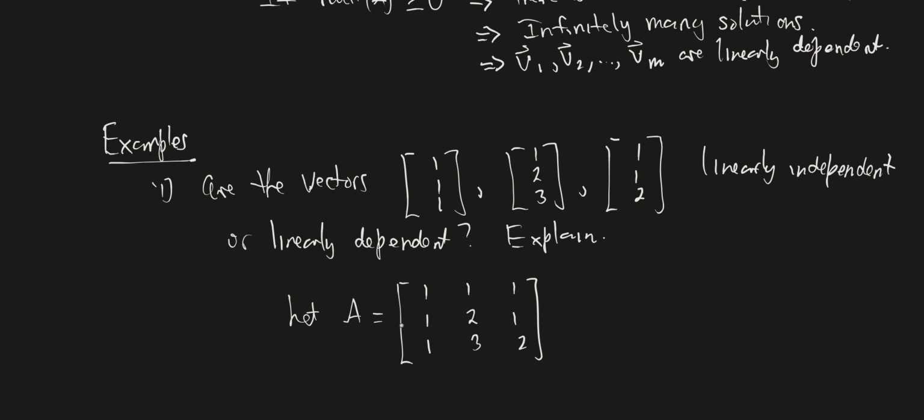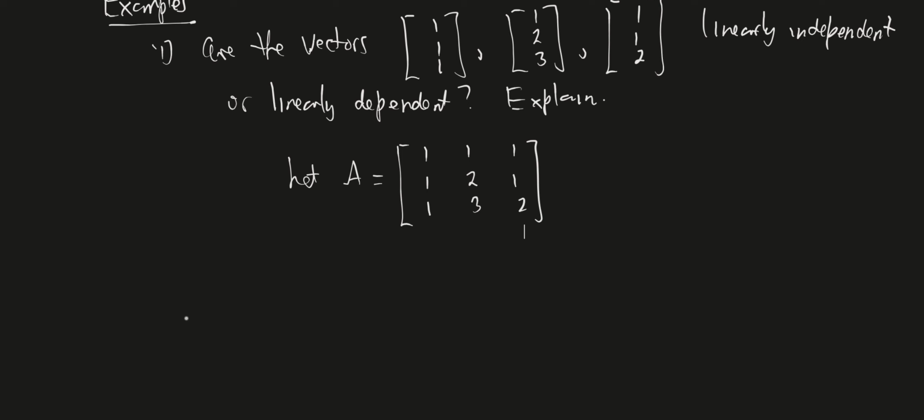This is the idea of forming our matrix using the columns that are the vectors that are given. And since we have a square matrix, let's go ahead and check the determinant. That's relatively easy to find. We have lots of ways of computing the determinant.